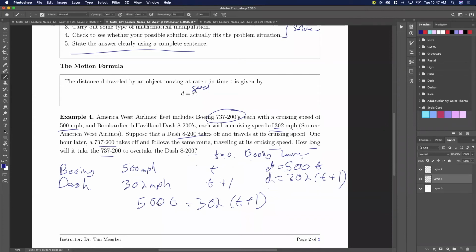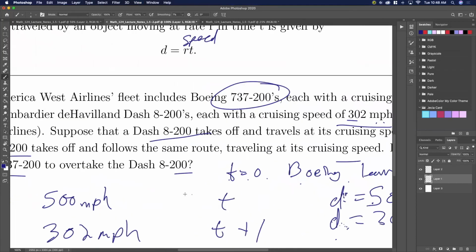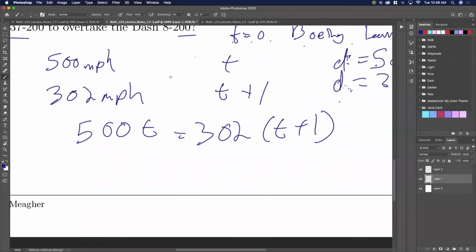All right, so let me just solve this equation. Well, how do we solve this? We set it equal to each other. So the first thing I'm going to do is distribute this 302. Let me zoom in so I have more room because I can only write so well.